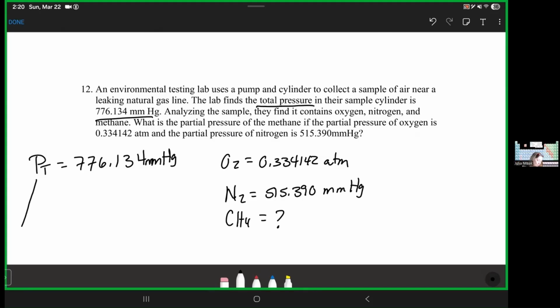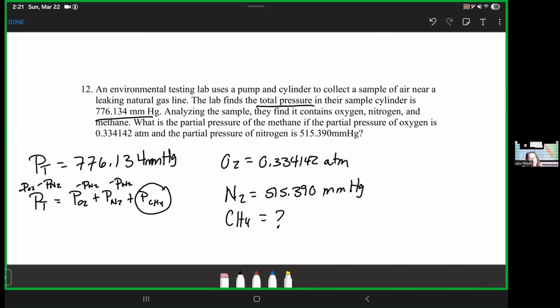Okay, so we know Dalton's law, right? We have several individual pressures. So we know our pressure total is going to be equal to our pressure of oxygen plus our pressure of nitrogen plus our pressure of methane. Okay, so if we want to know methane, we're going to subtract off our other two pressures. Right, so our pressure total minus the two pressures we know gives us the pressure we have left.